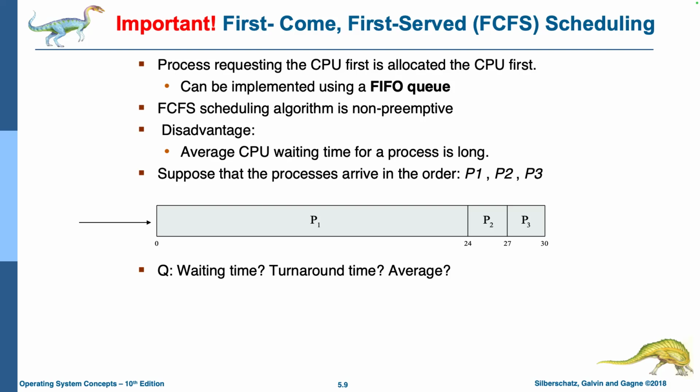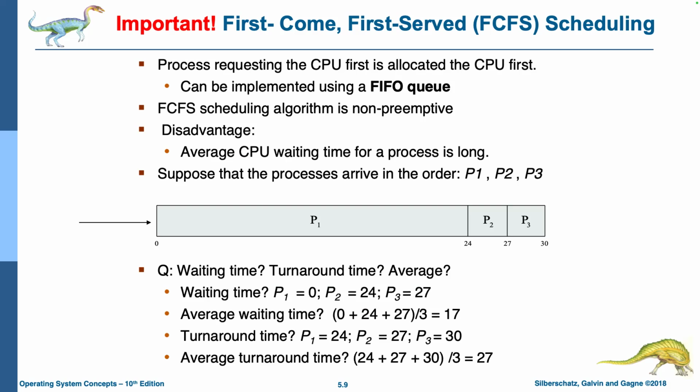So how can we calculate the waiting time and the turnaround time? These are the two analyses for this scheduling algorithm. How can I calculate the waiting time? Let's make an example.